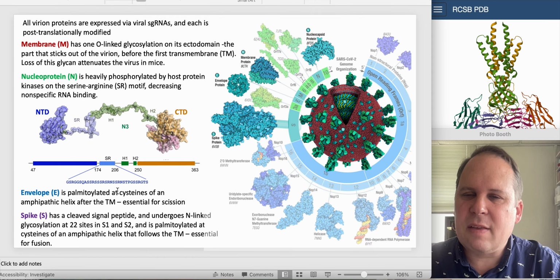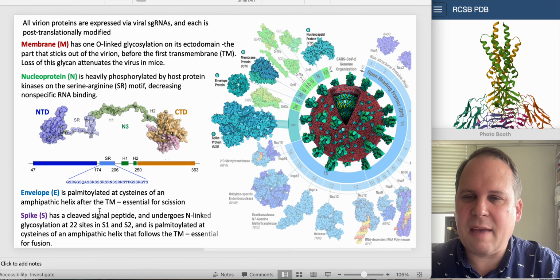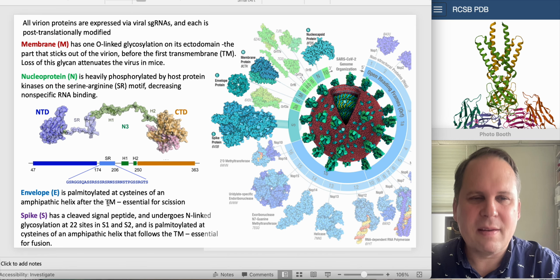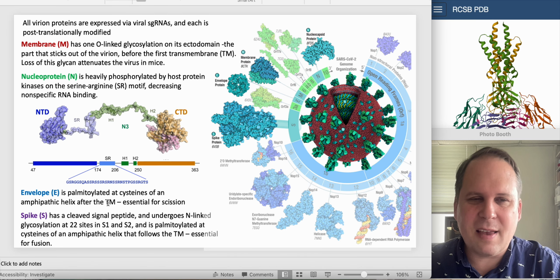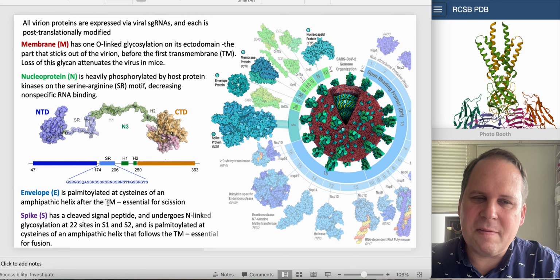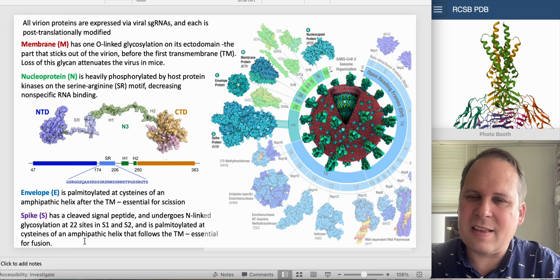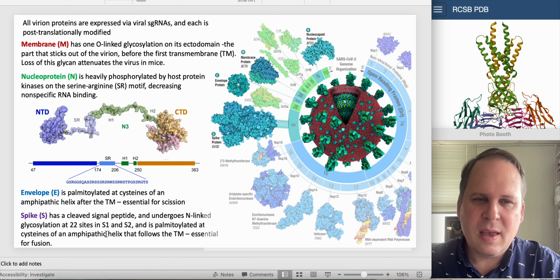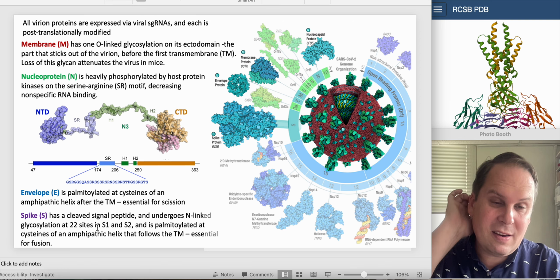The E protein is going to be palmitoylated at cysteines right after the amphipathic helix, after the transmembrane, and that is a good place to do it. It's very reminiscent of the tail of the spike protein, honestly. And the spike protein is going to be glycosylated at 22 different sites.